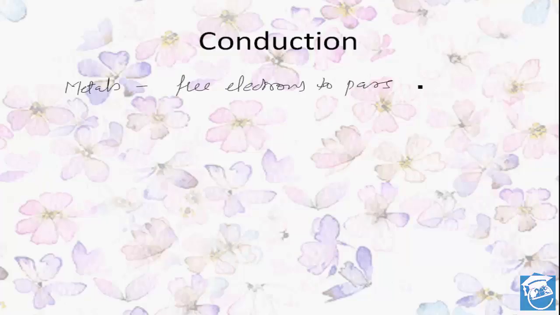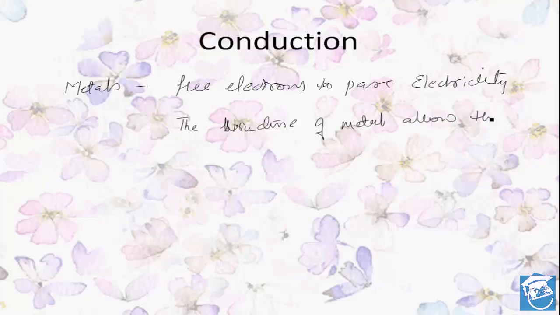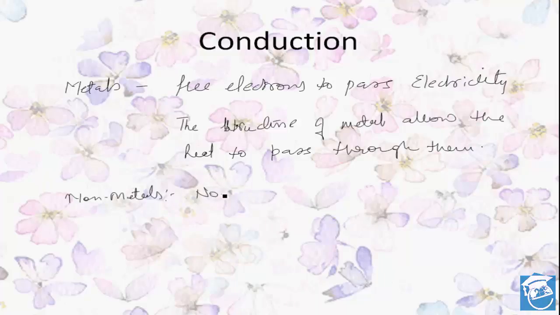So here we conclude: we have metals with free electrons to pass electricity. We have the structure of metal that allows the heat to pass through them, whereas in non-metals there are no free electrons.